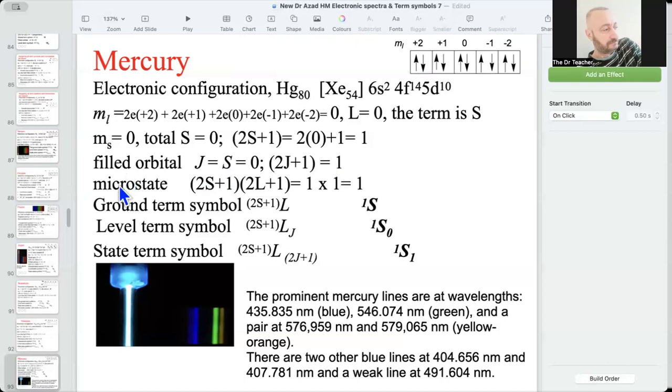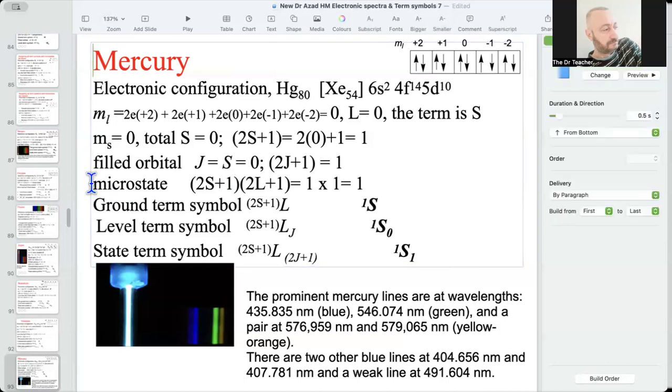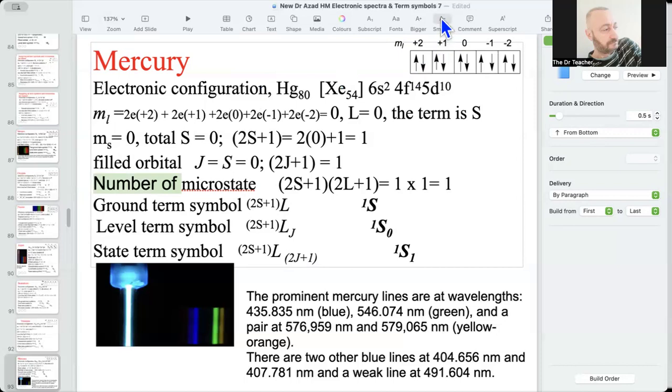The number of microstates will become 2S plus 1 times 2L plus 1, so 1 times 1 will be 1.